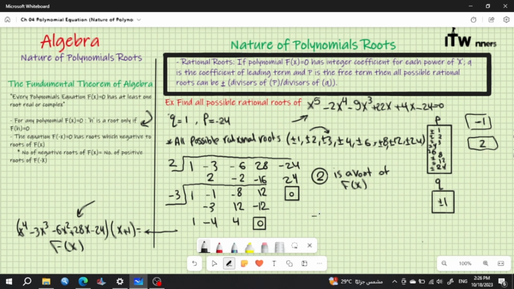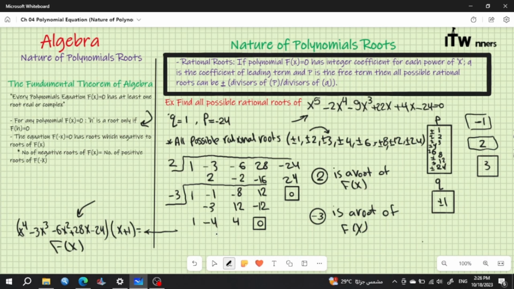Then negative 3 is also a root of f of x. Okay, so we have here 3. So just clear that and write this quotient.